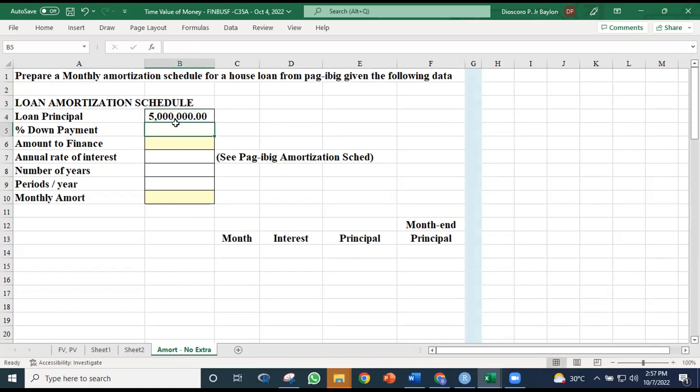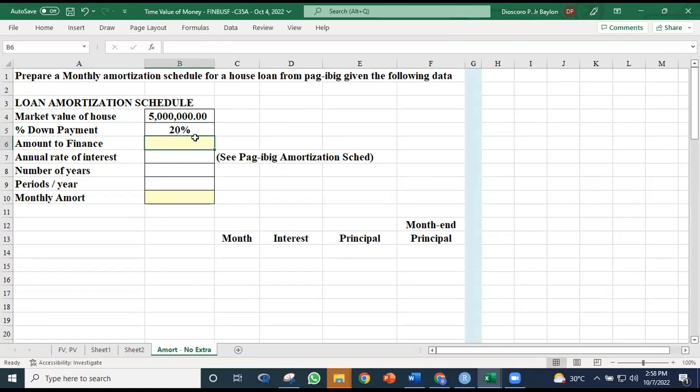This is the value. Let's change this to market value of house. Okay, it's not the loan.